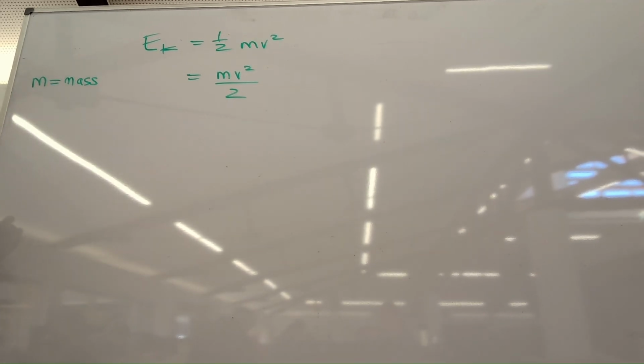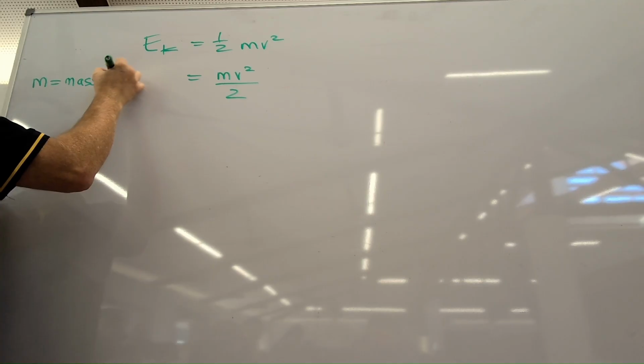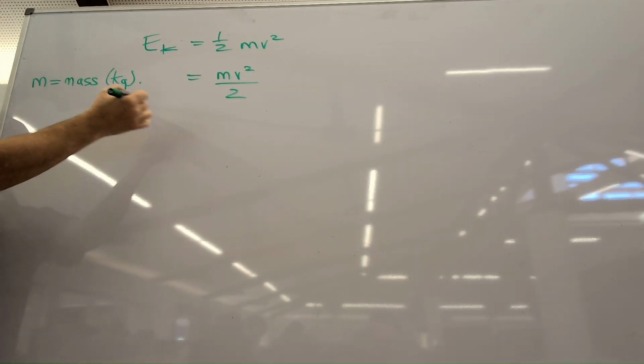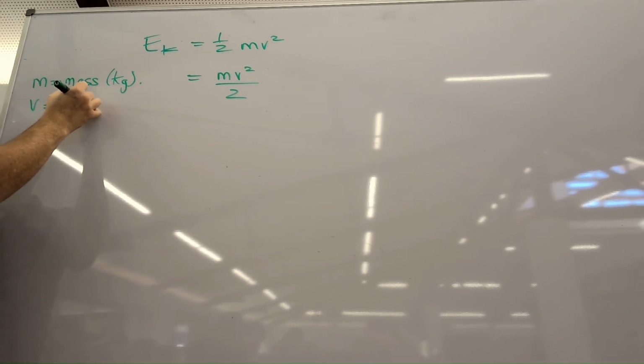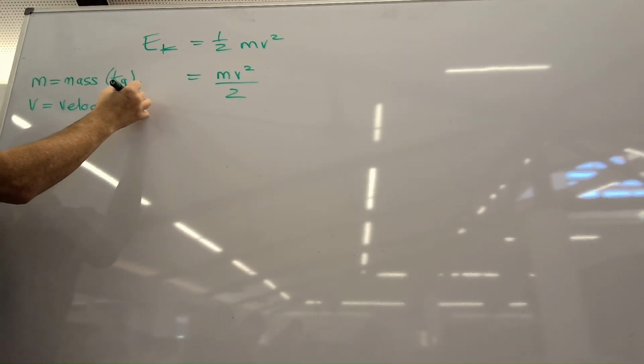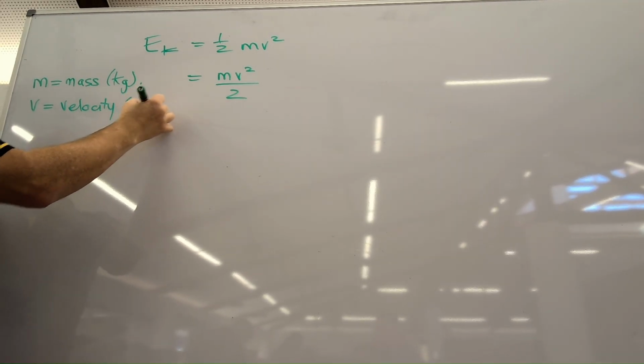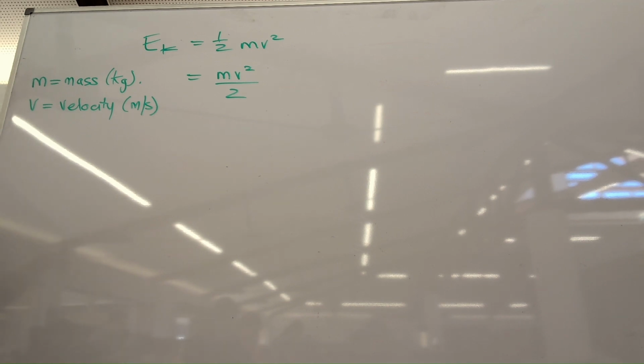And the units for mass are kilograms, kg. V is velocity. The units for velocity are meters per second, which means how many meters do you travel in 1 second?